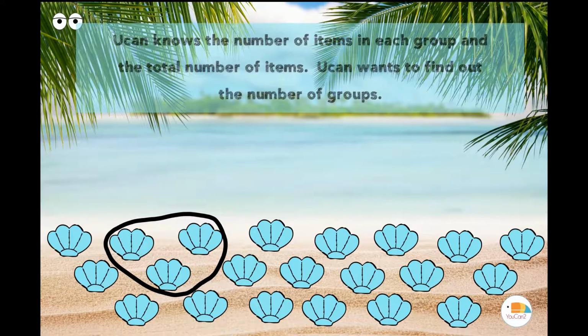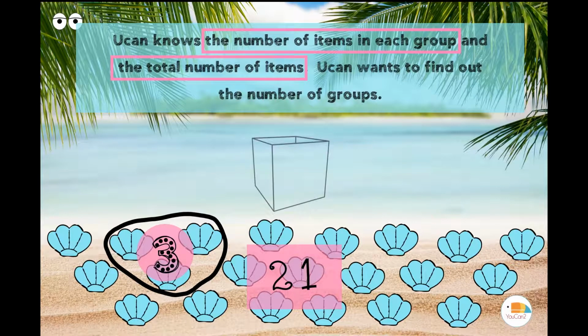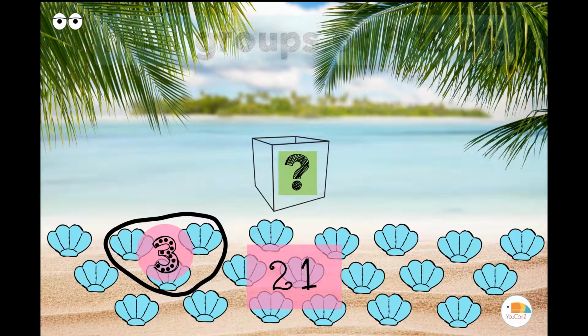So you know the number of items in each group. Each one of your siblings wants 3 seashells. And you know the total number of items. You've got 21 altogether. What you don't know is how many groups you can make with that 21. So you can think of it this way.